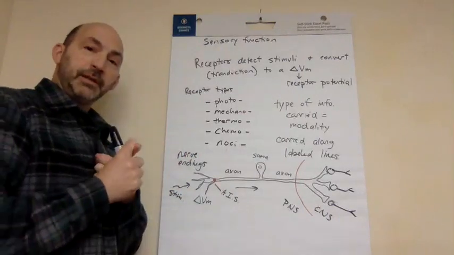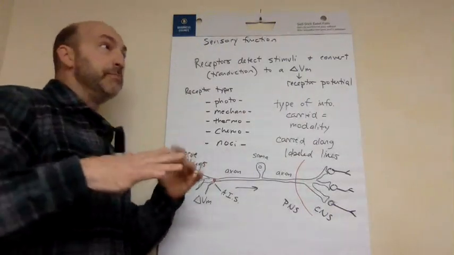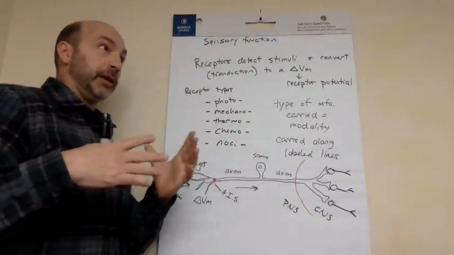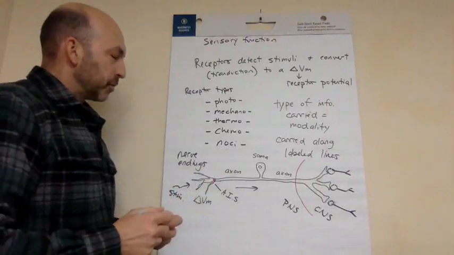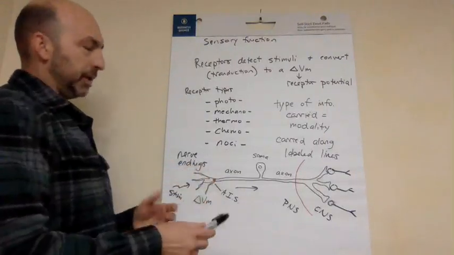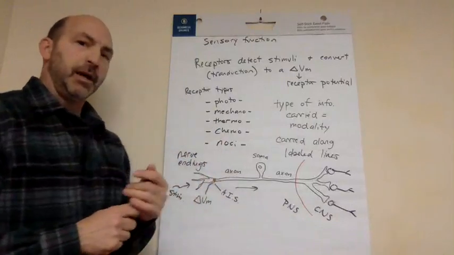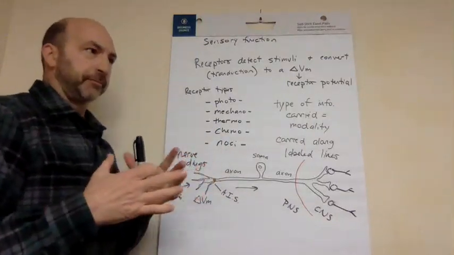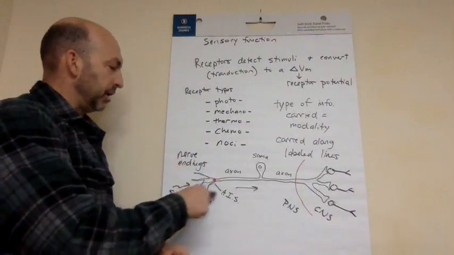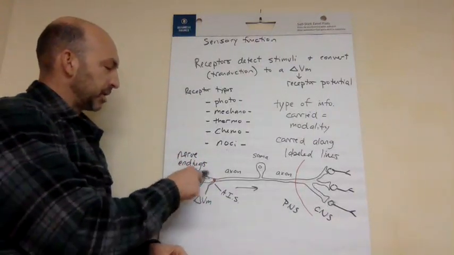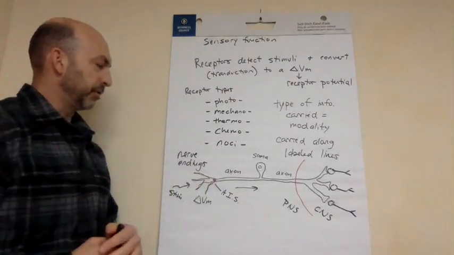Remember I said before that sometimes there's a filter that helps minimize and focus what these nerve endings would receive. Sometimes they have a ball of connective tissue around them, like a cushion essentially, and it'll determine what stimulus will affect those nerve endings, right?